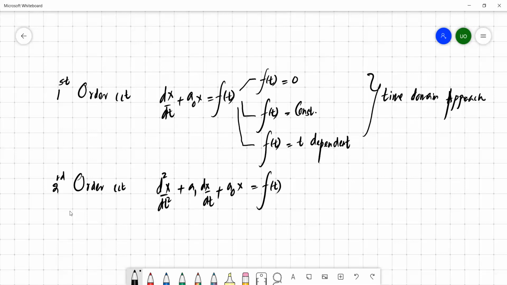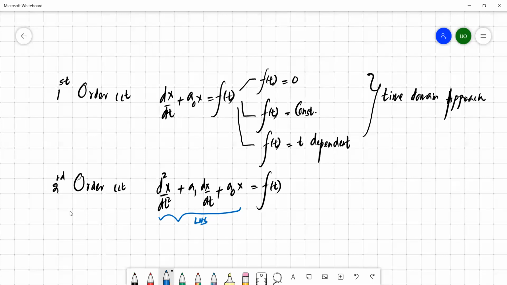Similarly, the forced response can be derived as we discussed previously. But in this case, the natural response is based on the left-hand side.